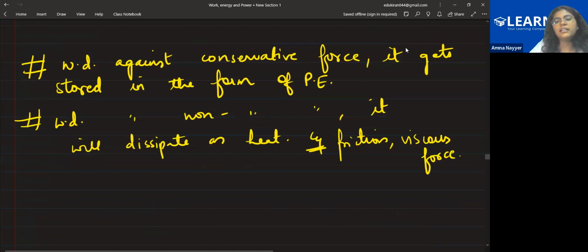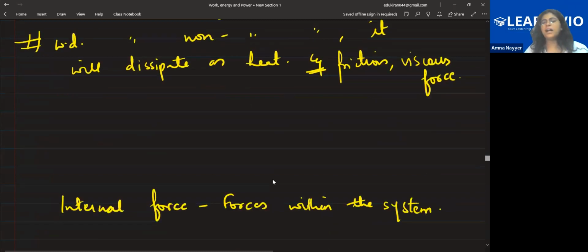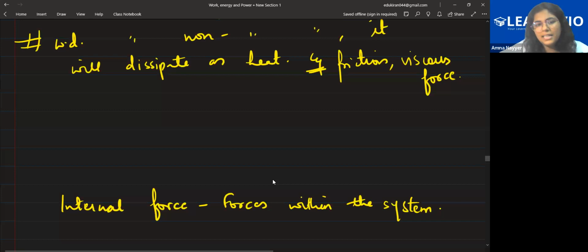Work done against non-conservative forces. See, what are non-conservative forces? Path dependent, and all that definition part we've already studied. But whenever we say work done by non-conservative forces, basically these are the dissipative forces, and by dissipative forces I mean something which is a little wasteful.